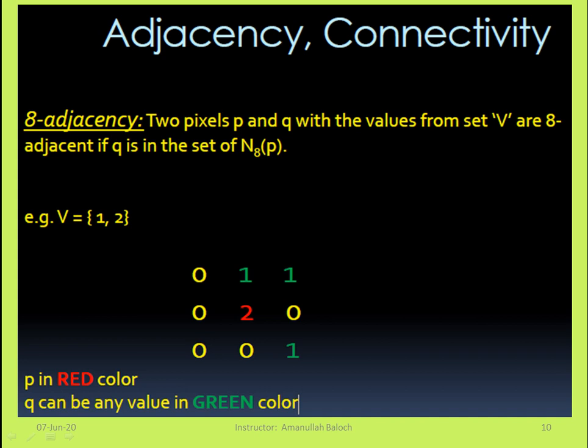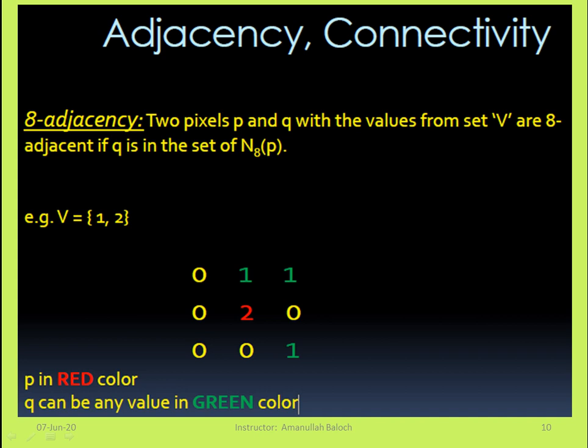These pixels also lie at the position of ND of P. This is P and this is the diagonal pixel, and the gray value of this pixel also belongs to set V, so this is adjacent.